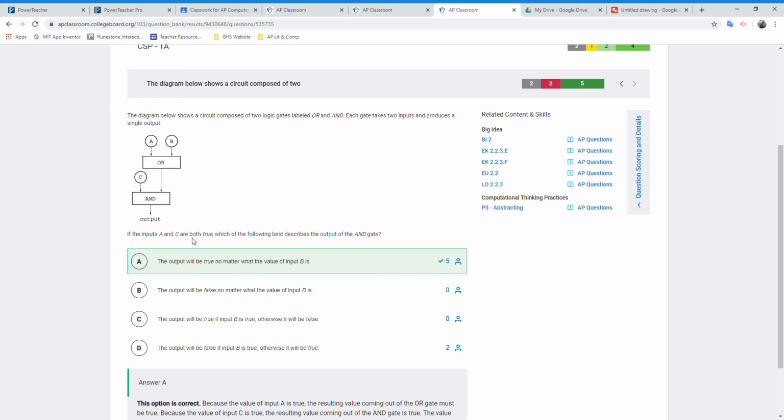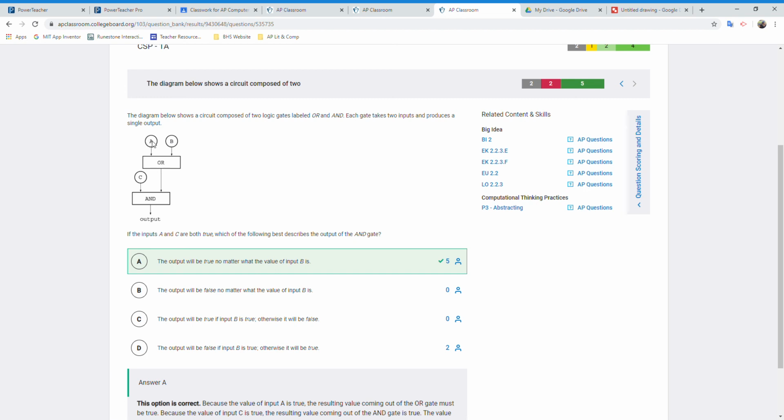If A and C are both true, which of the following is the AND gate? And the output will be true, because if A is true, OR is positive. If B is true and A is true, it doesn't matter. As long as A is true, it'll be fine. B can be false, B can be true, B no longer matters because A is true.